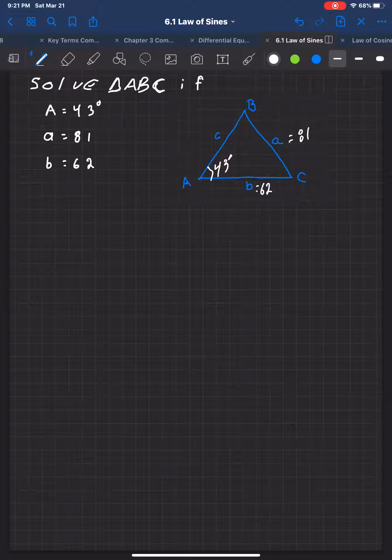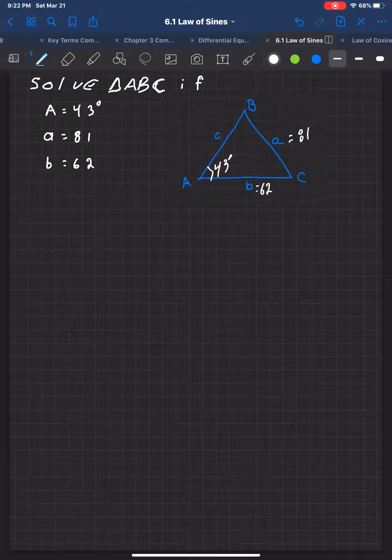Now, what you have in this scenario is an angle-side-side or side-side-angle. You have the ambiguous case for the law of sines. So all that I ask is that you be able to recognize that, hey, wait a minute. This is one of those weird scenarios where I might not even have a triangle, right?